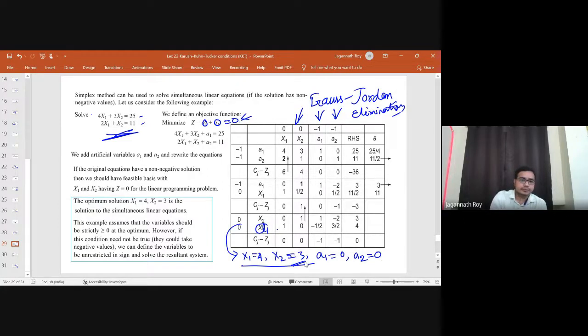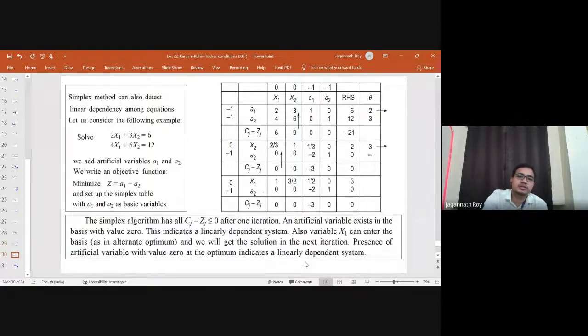In the next example, we can see that this is not an independent system. Since this is a dependent system, we are not able to solve it.